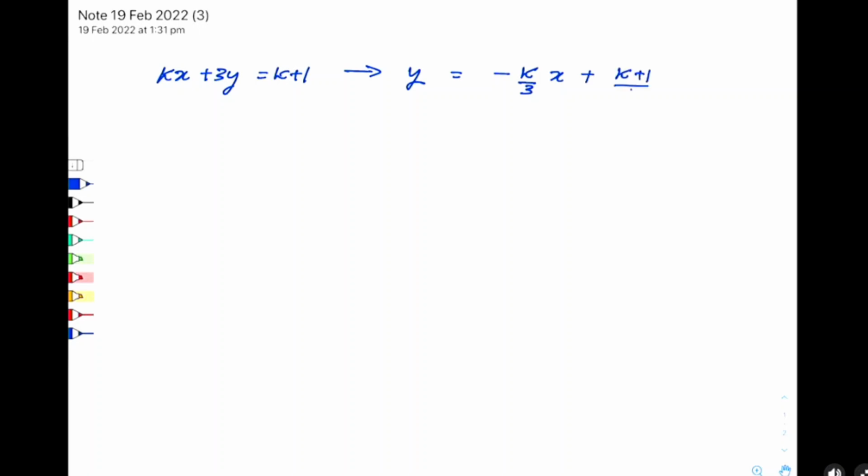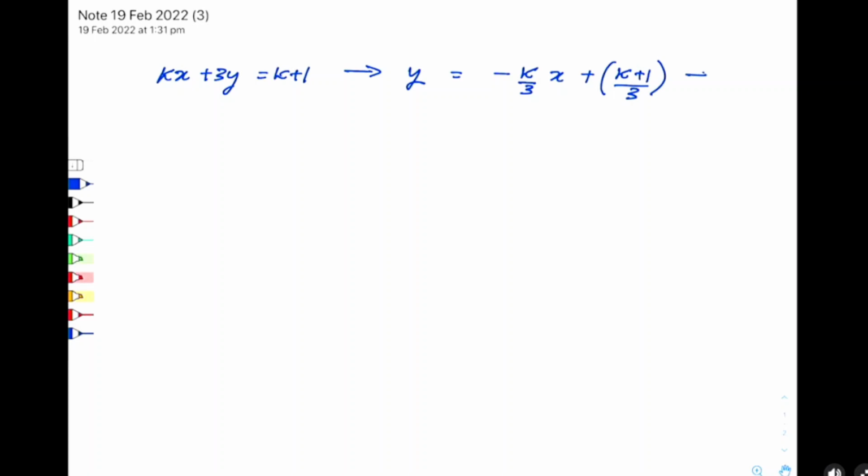So you have kx plus 3y is equal to k plus 1. So then y is equal to minus k divided by 3 x plus k plus 1 divided by 3.